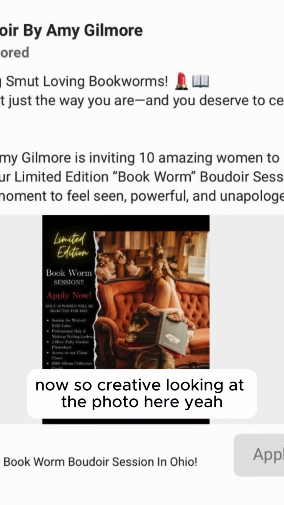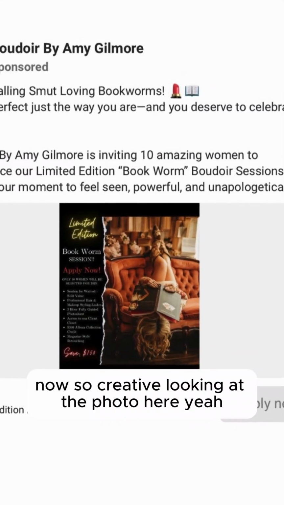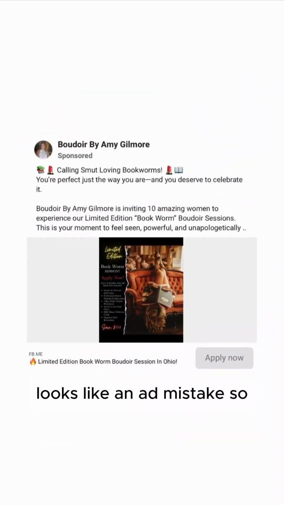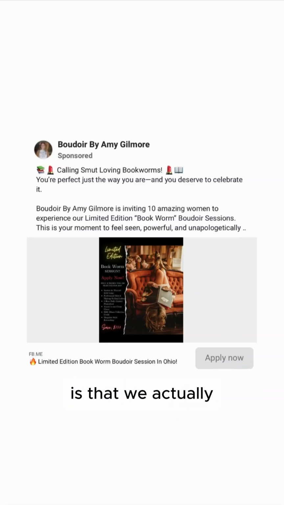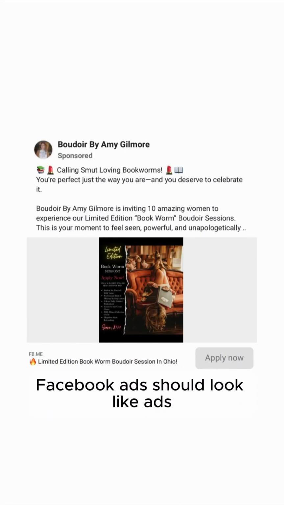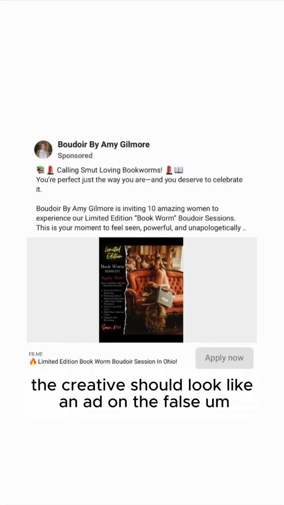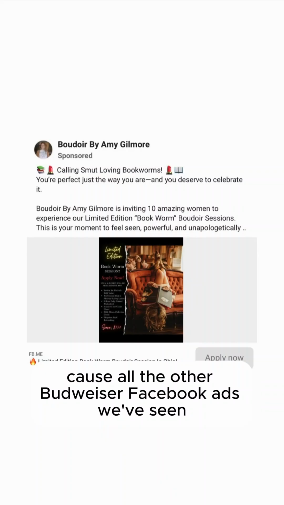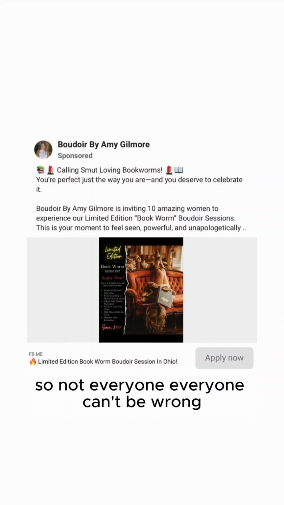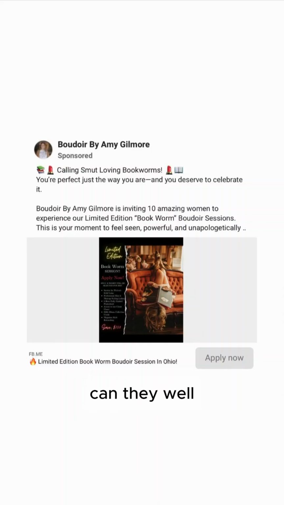Now, looking at the creative photo here, yeah, we've got the looks-like-an-ad mistake. The false belief that caused us to make this mistake is that we believe Boudoir Facebook ads should look like ads, because all the other Boudoir Facebook ads we've seen look like ads. So everyone can't be wrong, can they?